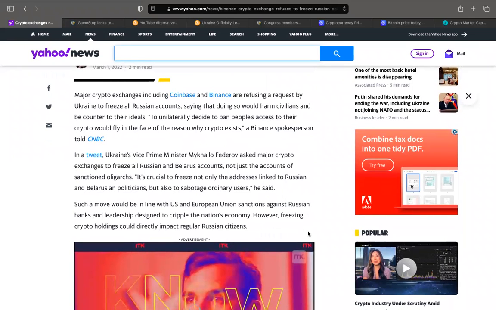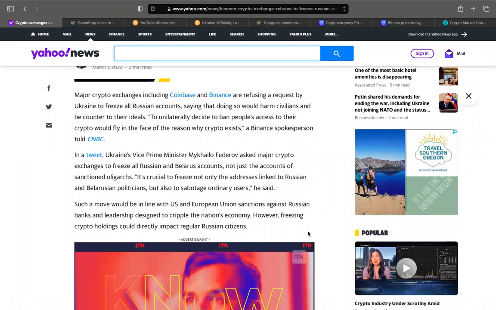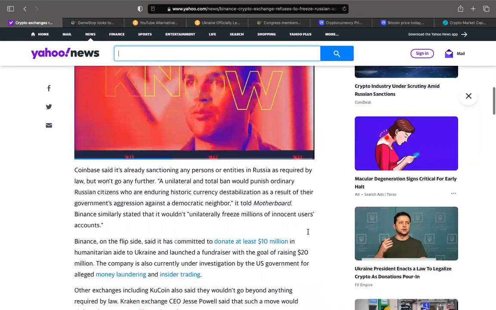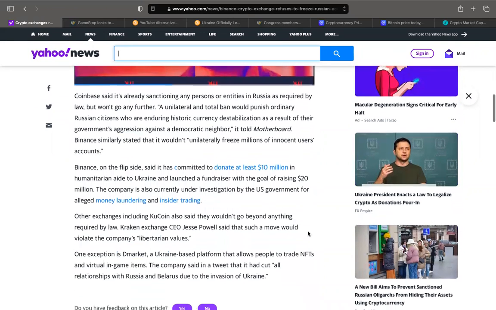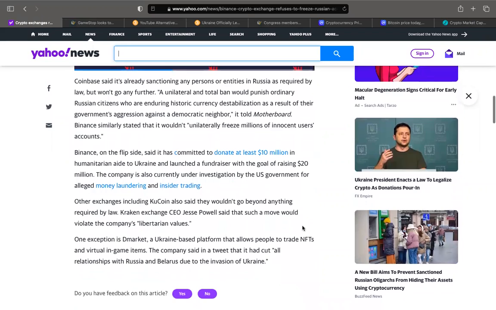I really dislike centralization, and I very much dislike top-down control. However, in this case, I will give Coinbase and Binance especially a pass, because when asked, they responded.